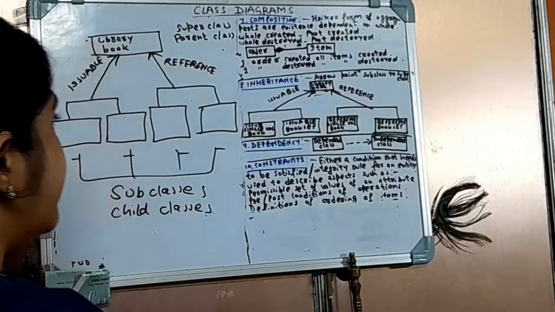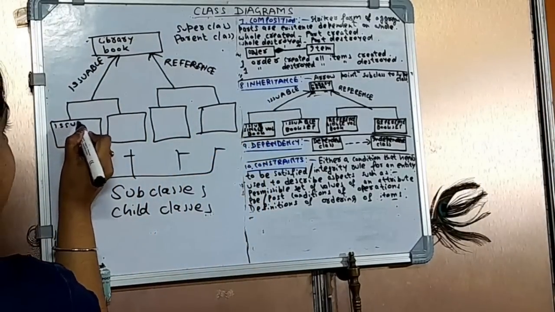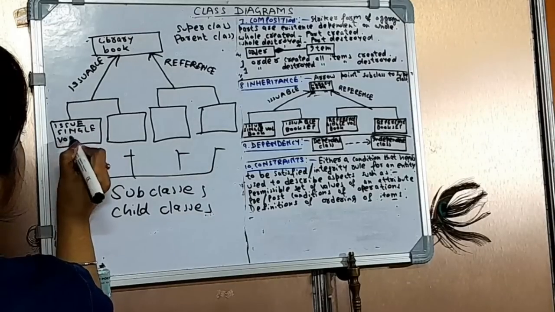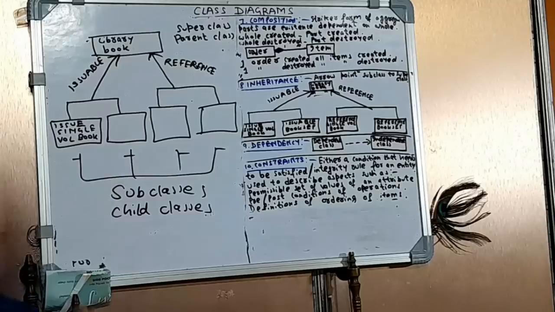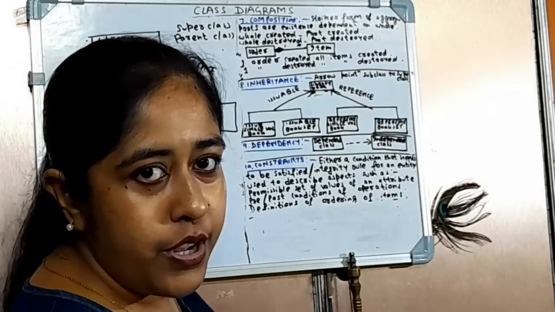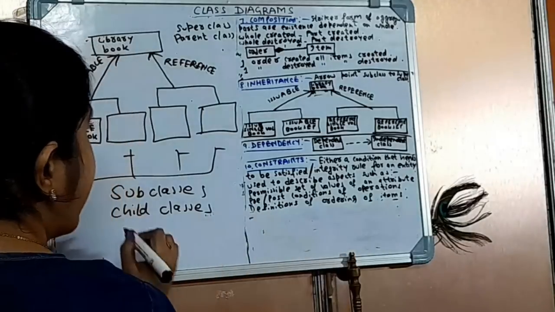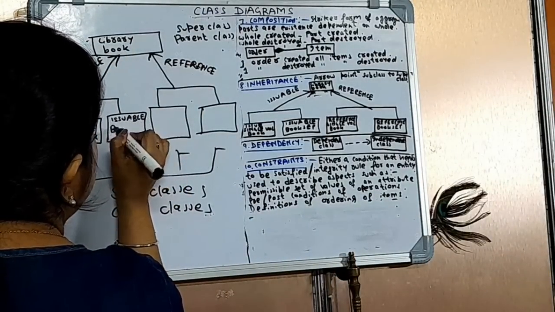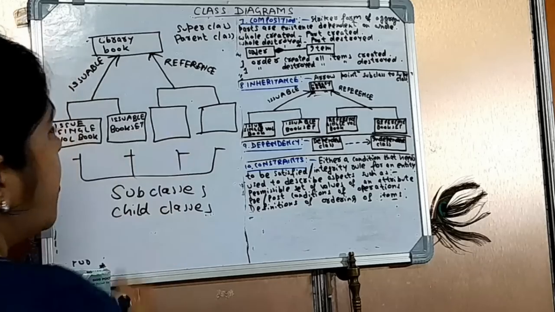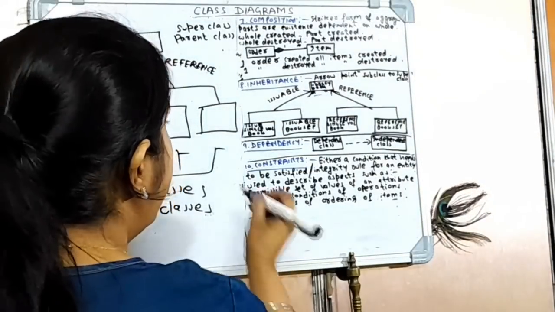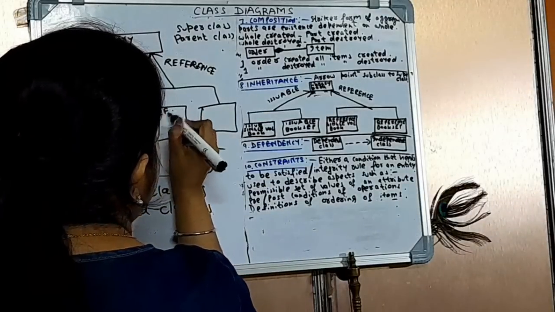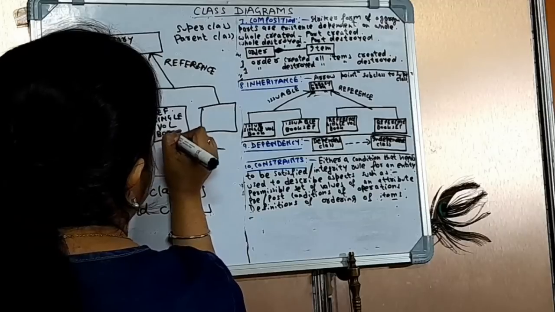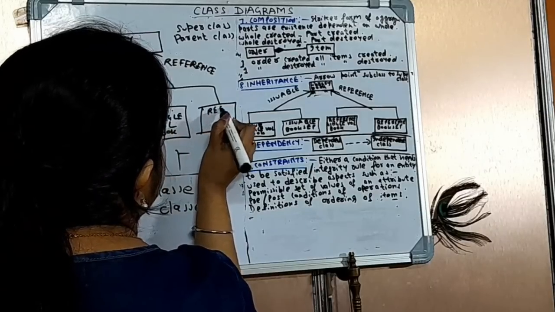Here I will write issue single volume book. Here I am going to issue a single volume book. This is one subclass. The second one is issuable book set, where I am talking about a particular book set. Again here, reference single volume book, and here reference book set.